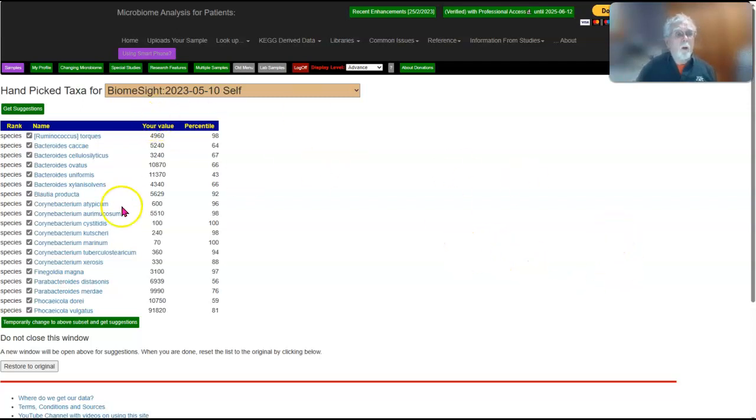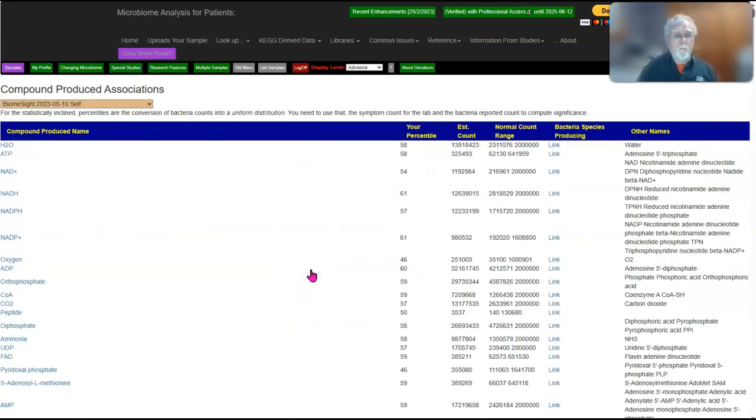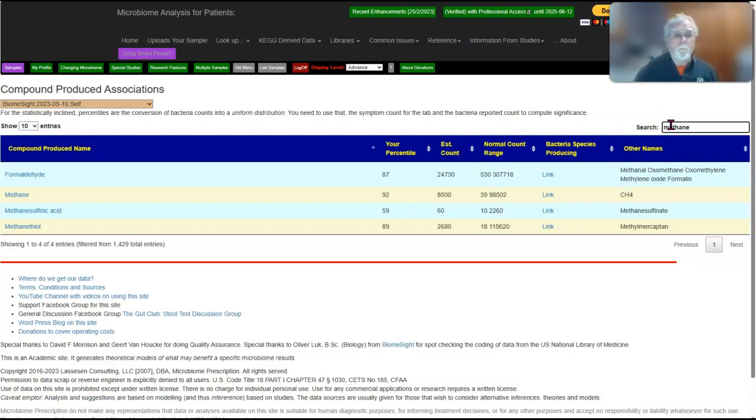Now, if I wanted to, I can, of course, go back, and under research features, same spot, look up methane, and there we are, 92nd percentile, definitely high. Here we have the counts. Normal range is from 850 to 9800, so well above the low level, not a high level.